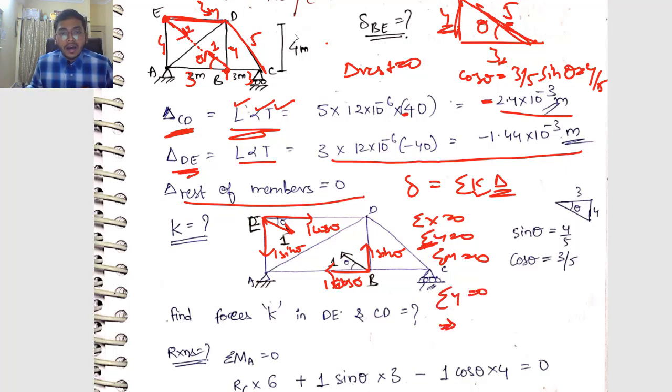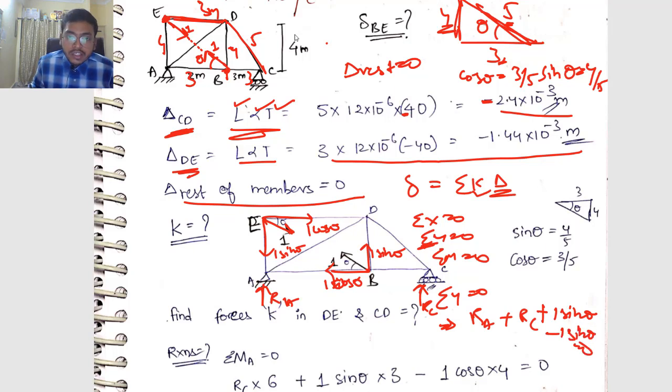It will be my support reactions RA and RC, and two external loads of 1. So I will be getting RA plus RC plus 1 sin theta minus 1 sin theta equals 0. See, this is going upwards, 1 sin theta plus, and this is going downwards, 1 sin theta minus. So my RA plus RC value equals 0. So that is my equation number 1.